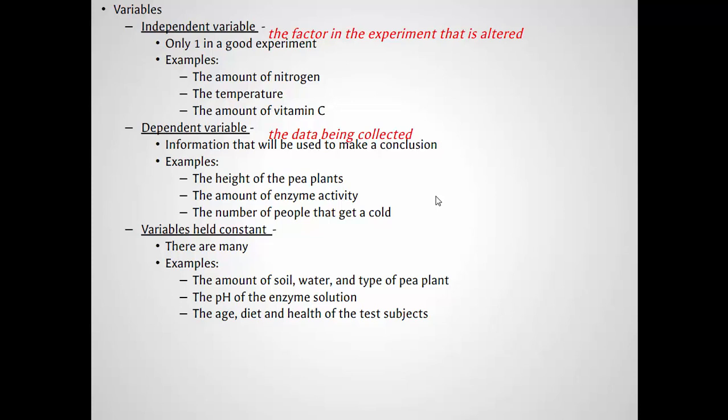And then we have the variables we would hold constant. If we're trying to make everything the same except for one factor, there are a lot of things we have to keep track of and make sure are constant between our groups. In that pea plant experiment, we'd have to have the same soil and water and the same type of plant.